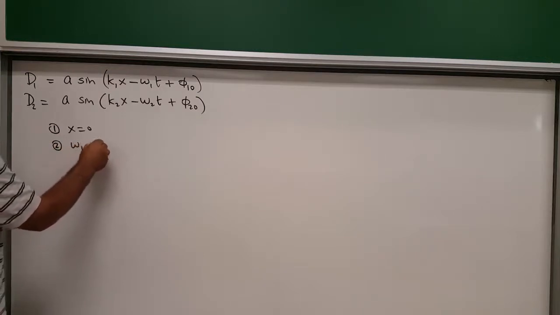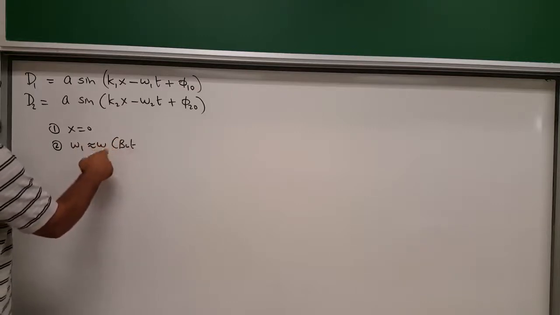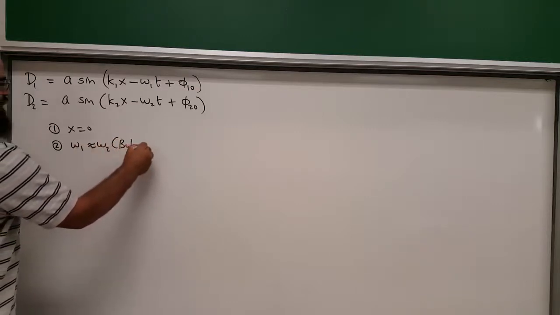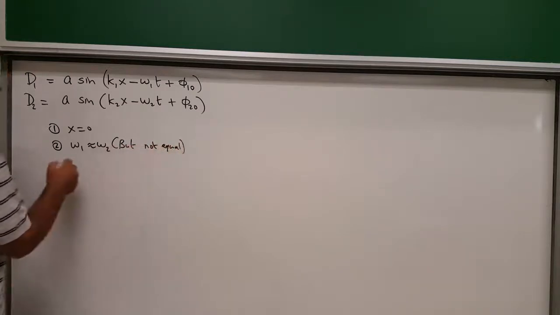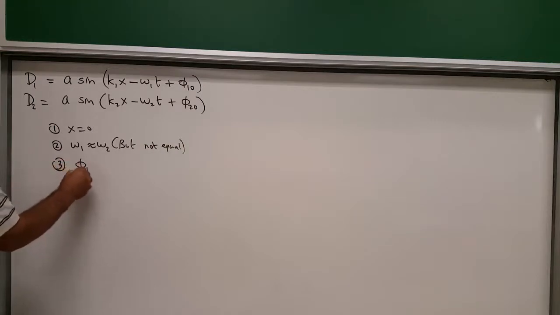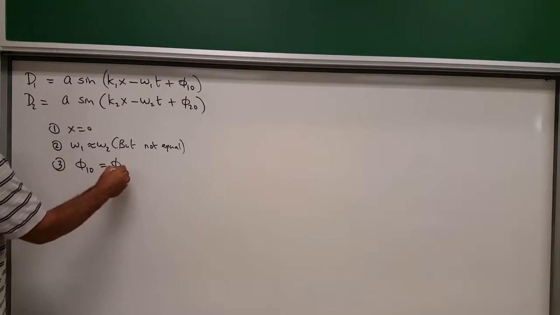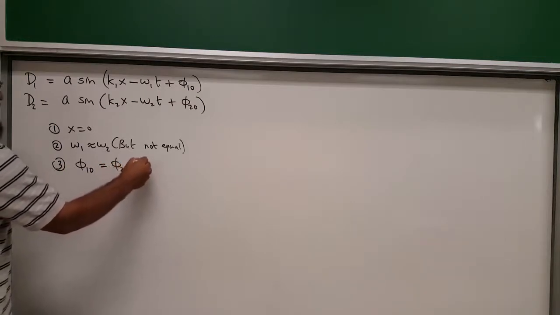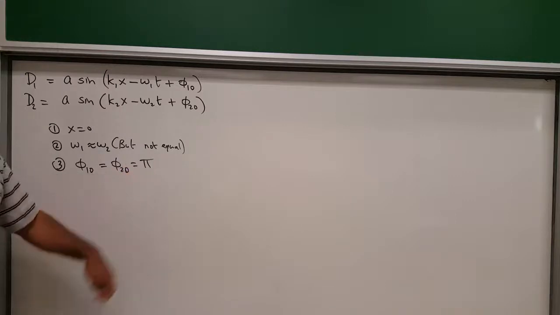The third assumption is that the intrinsic phases phi 1 and phi 2 are equal to each other, and equal to pi. You can choose it to be whatever you like. We chose pi for a reason that you will see in a moment.